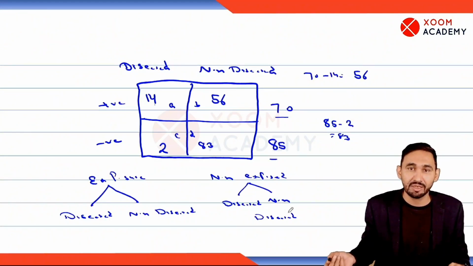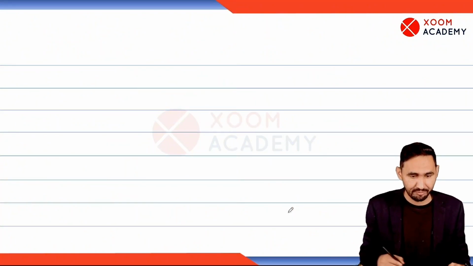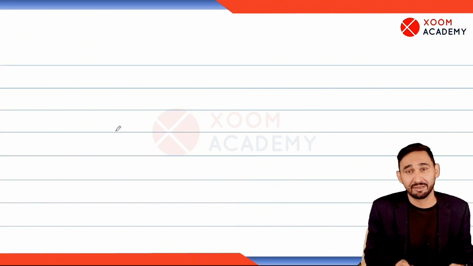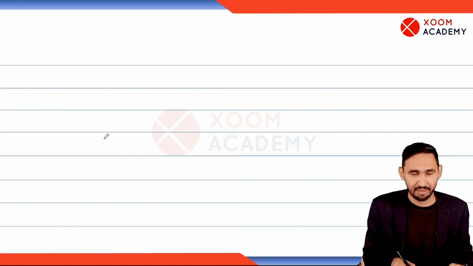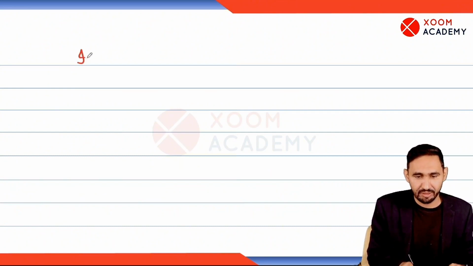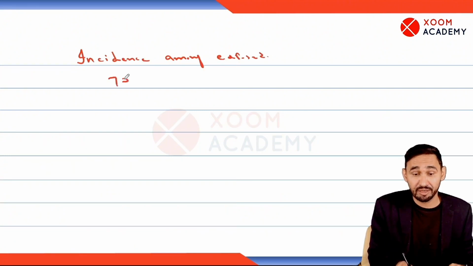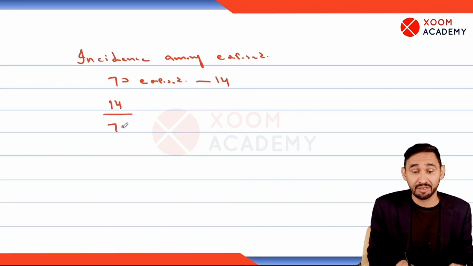Okay. We will calculate incidence, relative risk. How we will calculate? Now we will calculate the incidence among exposed and incidence among non-exposed. So first we will calculate incidence among exposed. 70 people were exposed. Among them, only 14 developed the disease. So we divide 14 who developed the disease with total number of exposed people and multiply it with 1000.